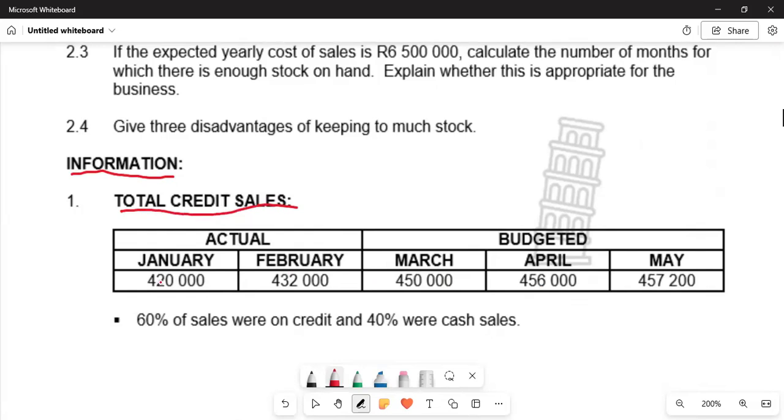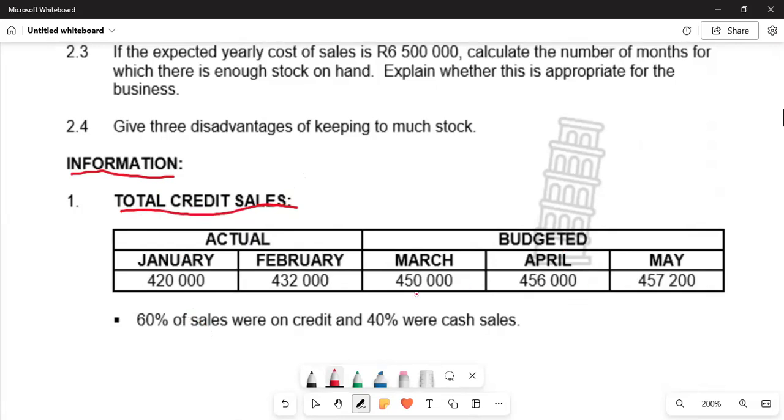So it says 60% of sales were on credit and 40% were cash sales. So it means that this 420,000 is already 60%. It's already the 60% of what? Of credit sales, because we are told that these are total credit sales.